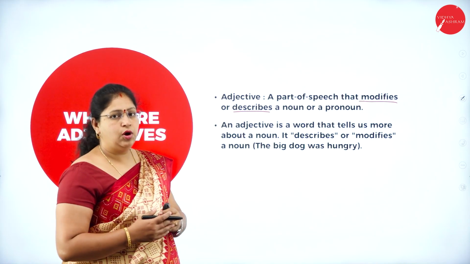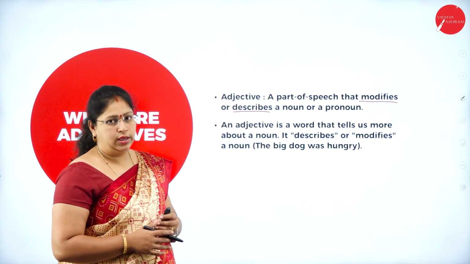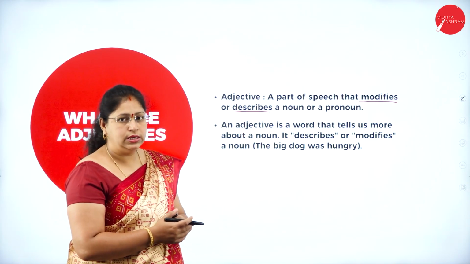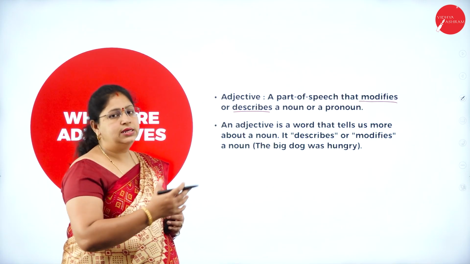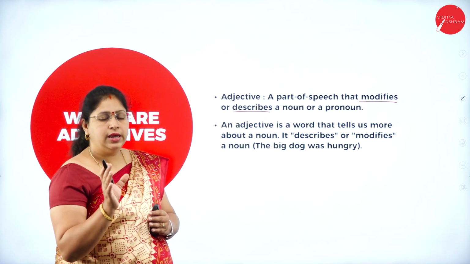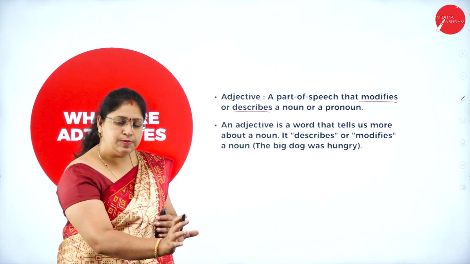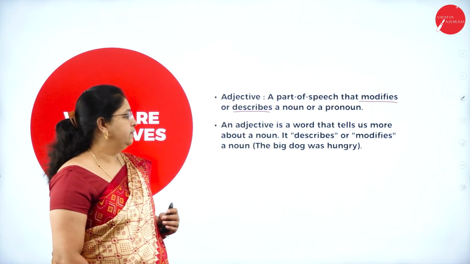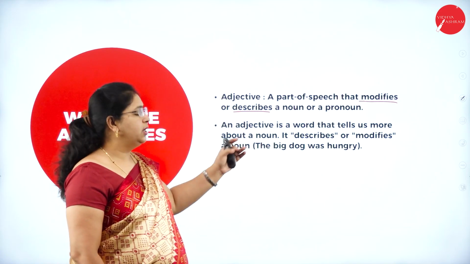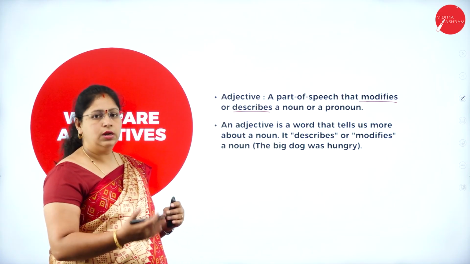So, if it is a boy, he is a tall boy. Tall is describing how the boy is, correct? So, tall is adjective. To understand better, any word which describes the noun is adjective. An adjective is a word that tells us more about a noun.